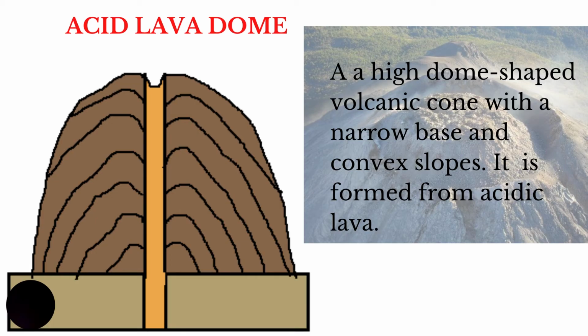Because the lava is viscous in nature and the temperature is not as high as a basic lava, the lava will solidify closer to the vent. So it is unable to flow over a long distance. And this is what gives the cone its dome shape or its convex slopes. And this is why it is generally high and steep.